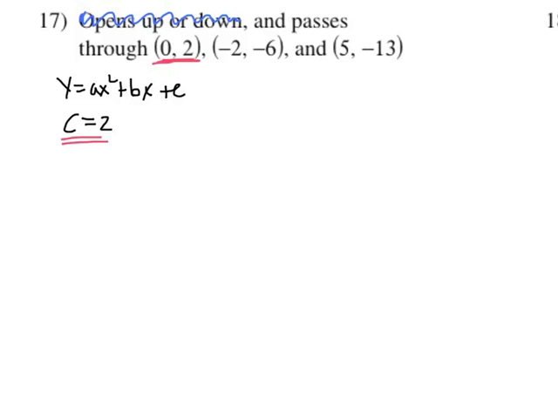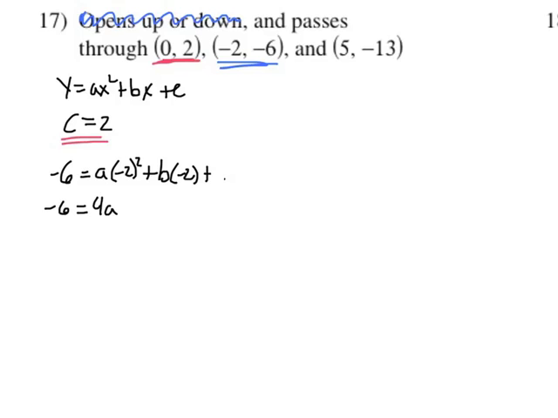Now, we can use the second point they give us to try to find a and b. So we're going to take that second point and plug it into our equation. So negative 6 equals a times negative 2 squared plus b times negative 2 plus c. So negative 2 squared is 4. 4 times a is 4a.